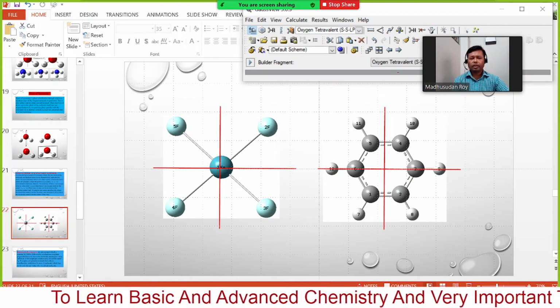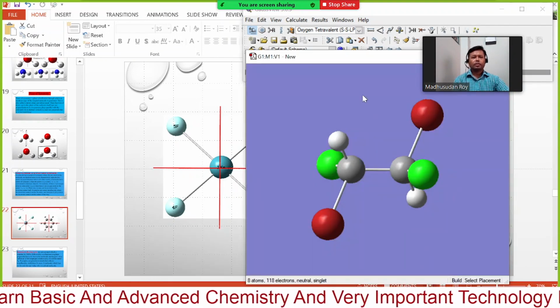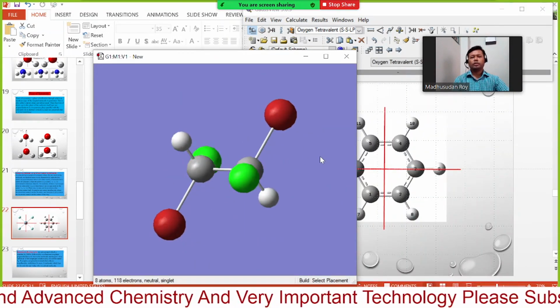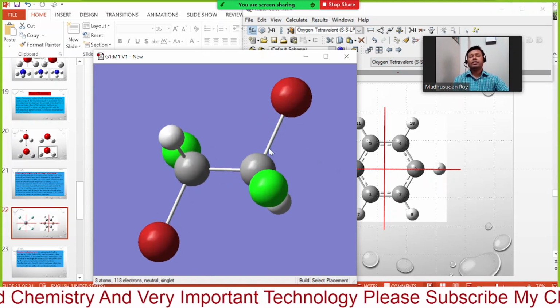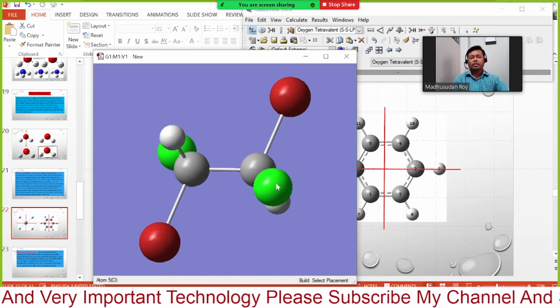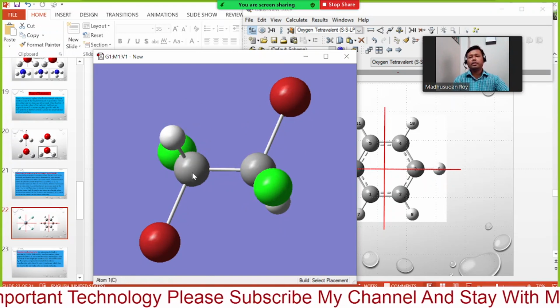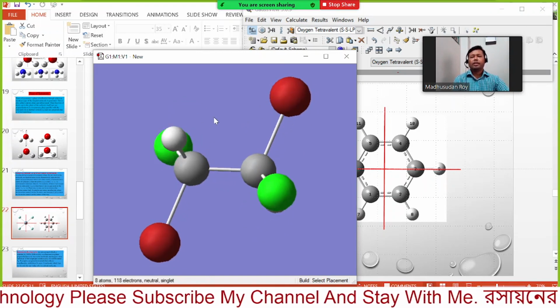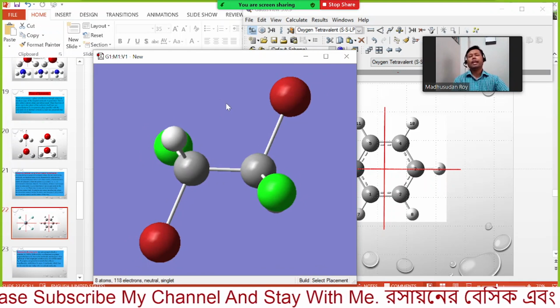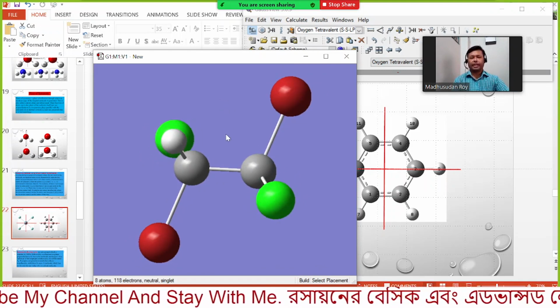Oh, I have another molecule, these types of molecule. Here this is chlorine, this is bromine, and this is hydrogen. These types of molecule can have only a center of inversion.